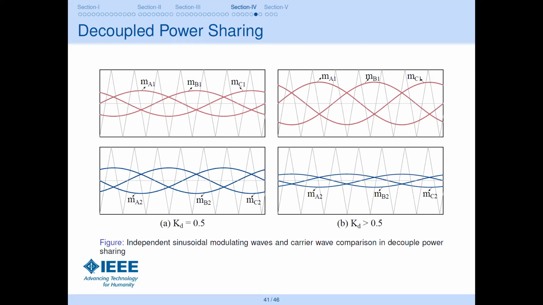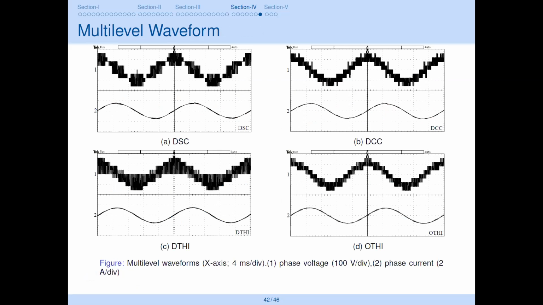So to compare this now, basically you know that for two-level operation, or at lower speeds and lower modulation index, both these power sharing logics will behave more or less similarly, because you have basically a two-level operation and two-level output voltage. The difference lies when you have multi-level operation. Here you can see the scope result, with the acronyms which I have used.